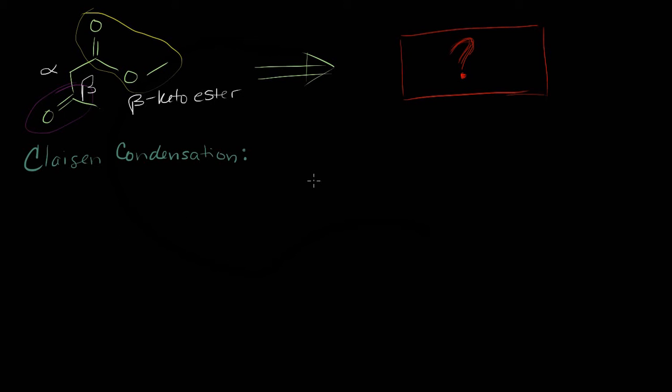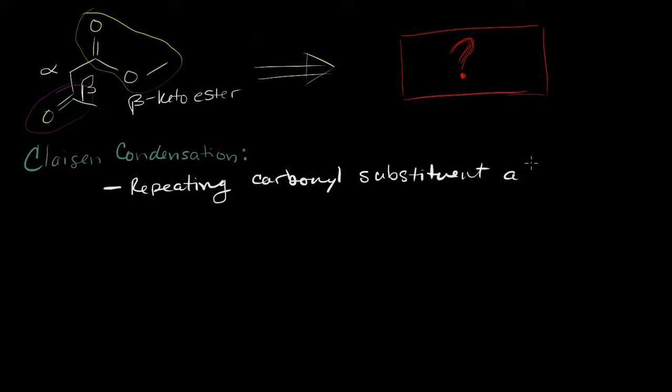So things that you'd look for, I would say look for repeating carbonyl substituent, alkyl groups, and I'll go over what I mean by that in a minute. And then also look for, is there an ester?